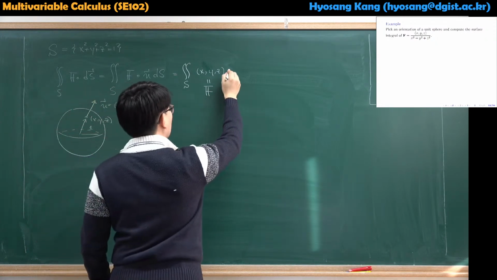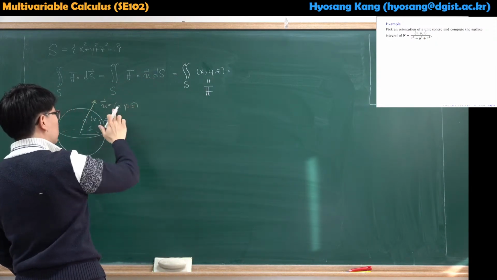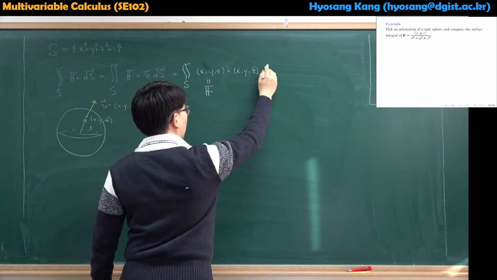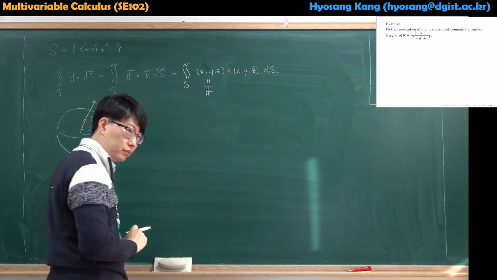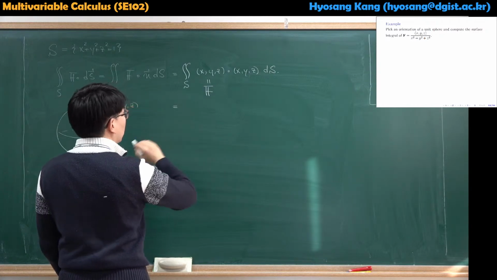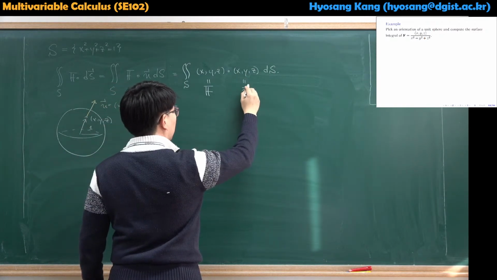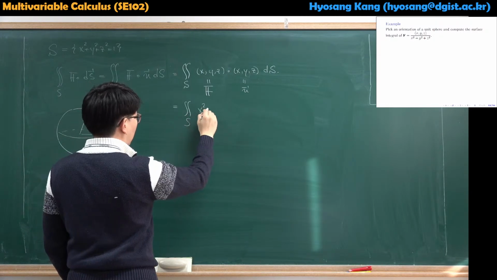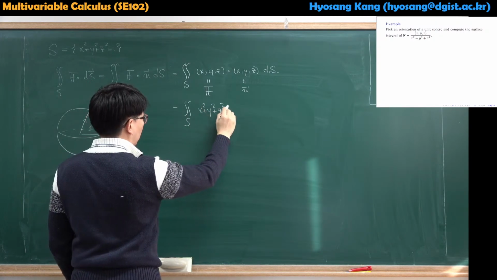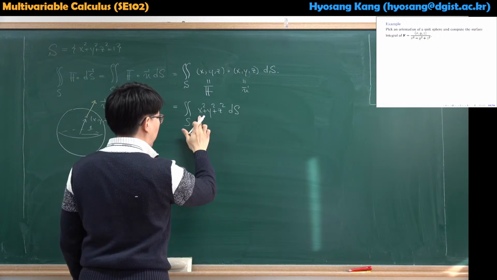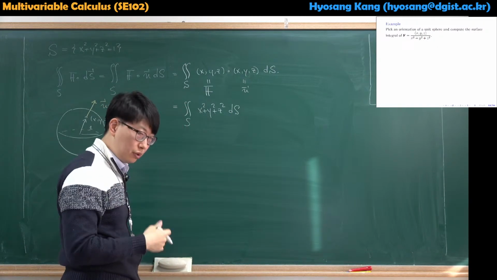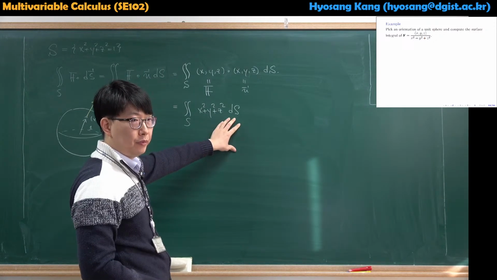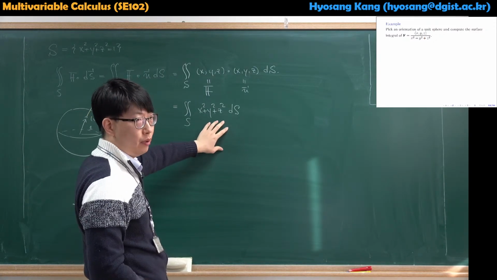And then I'm taking a normal direction, which is x, y, z again, and dS. So this part is n. So what's the result? I'm simply taking an integration of x squared plus y squared plus z squared, which is a real valued function, over the unit sphere. That's already done in our previous example.